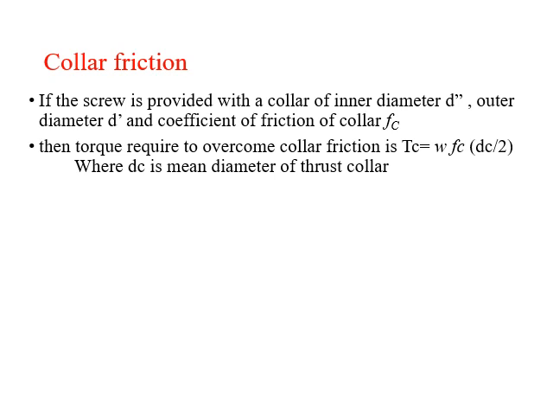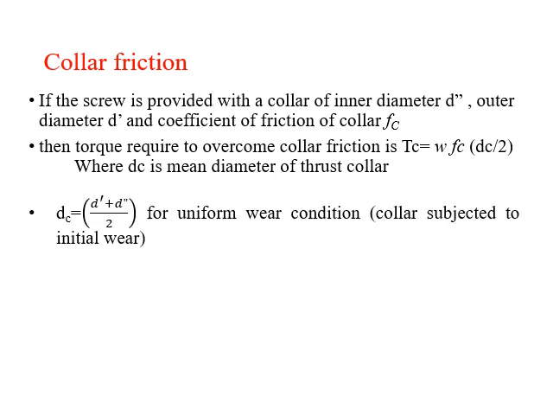Then torque required to overcome the collar friction is Tc is equal to W into Fc into dc divided by 2, where dc is the mean diameter of the thrust collar. So you can write the dc equation for the diameter of the thrust collar, which is equal to (d dash plus d double dash) by 2 for uniform wear condition.